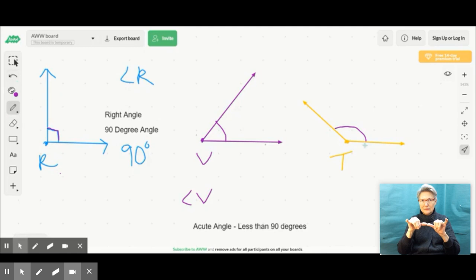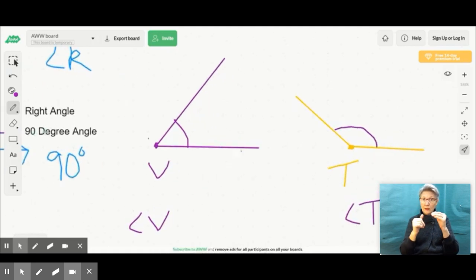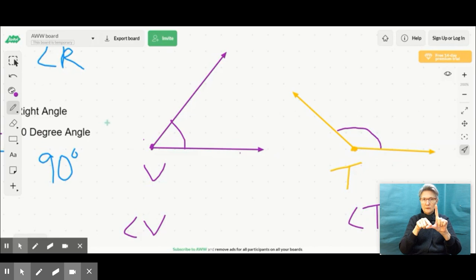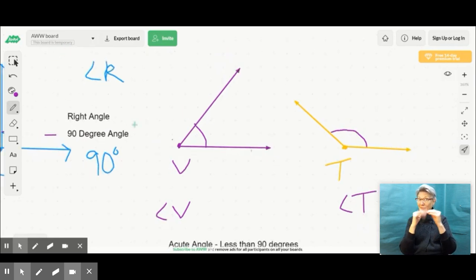Okay. So now looking at my yellow angle, angle T, think about angle T. Now, is this opening between the two rays greater than a right angle or less than a right angle? Think about that. I hope you said greater than. You would be correct.